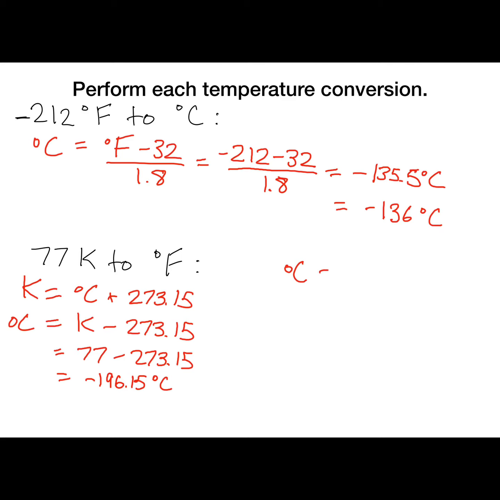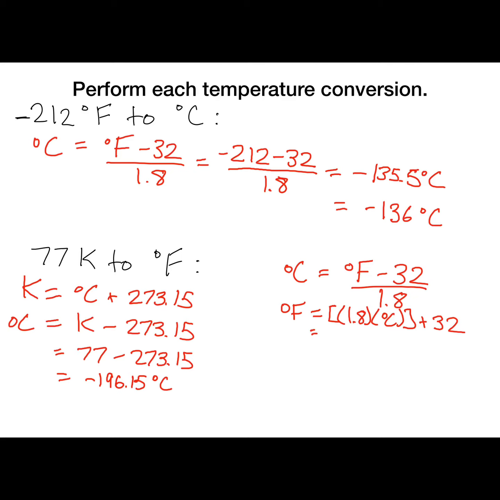Degrees Celsius is equal to degrees Fahrenheit minus 32 over 1.8. If we rearrange this equation so that degrees Fahrenheit is on the side by itself, we get the quantity of 1.8 times degrees Celsius plus 32.